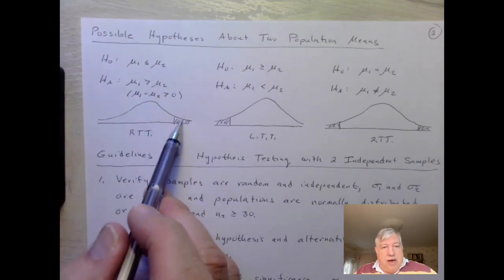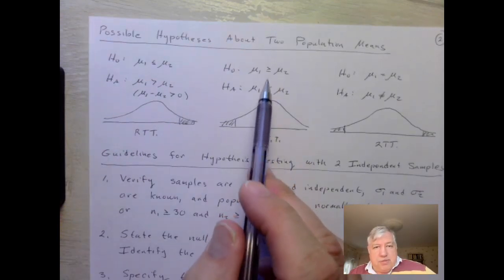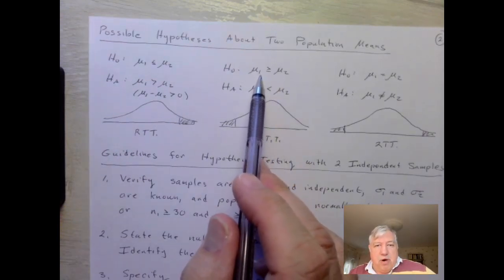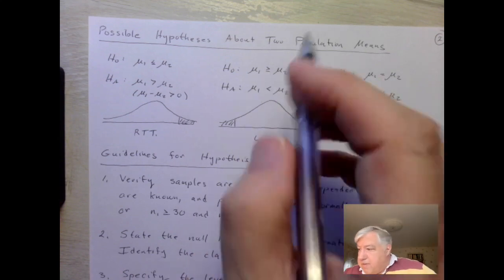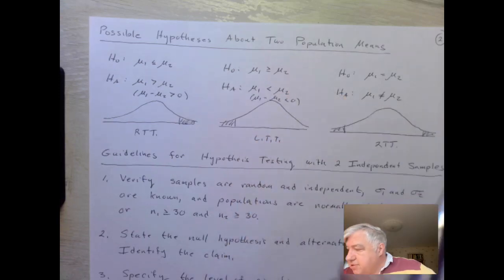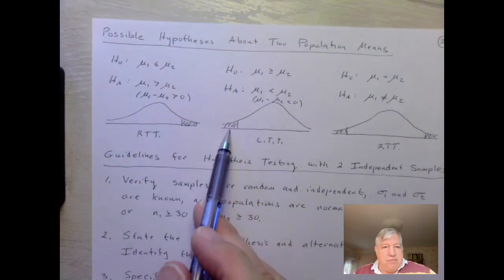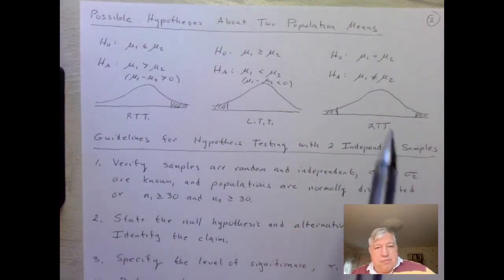So that's why we have a right tail test. And then in here we get the opposite. If we assume that mu1 is greater than or equal to mu2, then the opposite is this. And this would mean that mu1 minus mu2 is less than 0. So the unlikely values would be negative. And then here we have equality, so we have a 2-tailed test here.